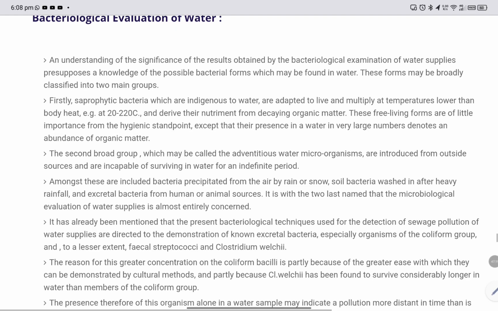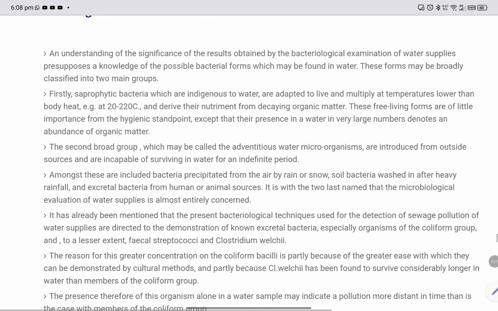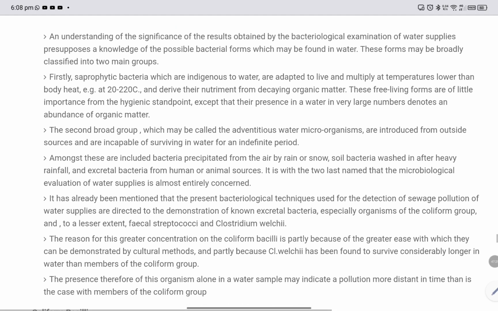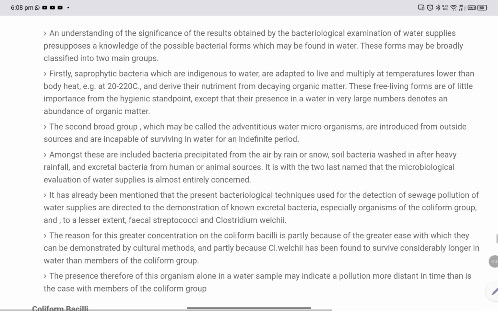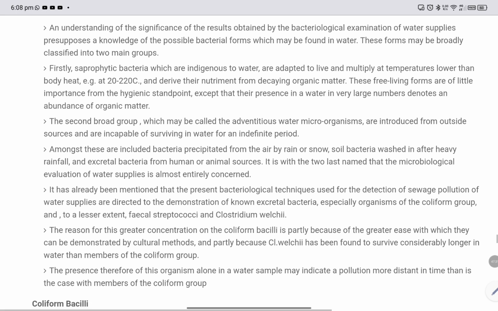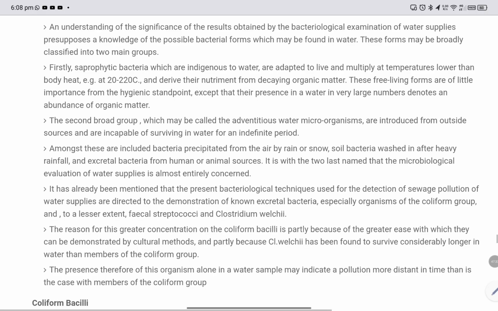Firstly, saprophytic bacteria, which are indigenous to water, are adapted to live and multiply at temperatures lower than body heat, for example at 2 to 20 degrees centigrade. They derive their nutriment from decayed organic matter.